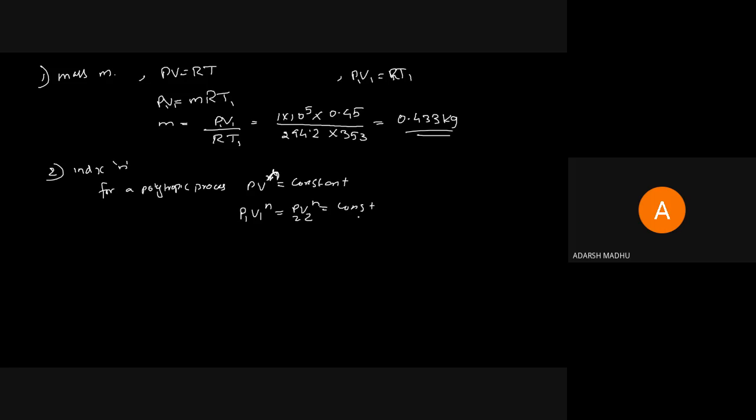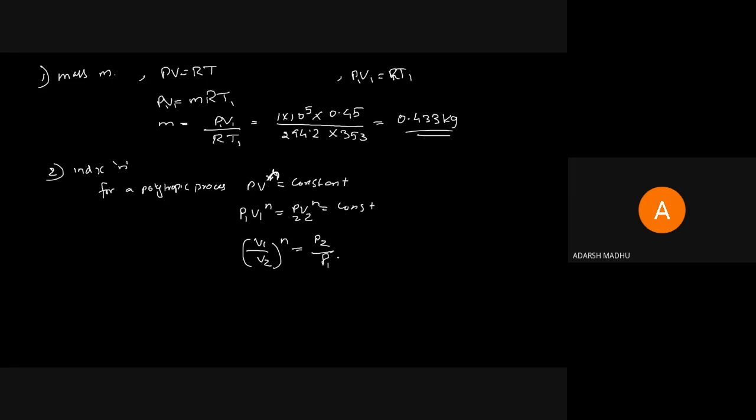Okay. From here also we can write V1/V2 directly. V1/V2 whole raised to n equal to P2/P1. Taking V1 raised to n divided by V2 raised to n, so V1/V2 all raised to n equal to P2/P1.